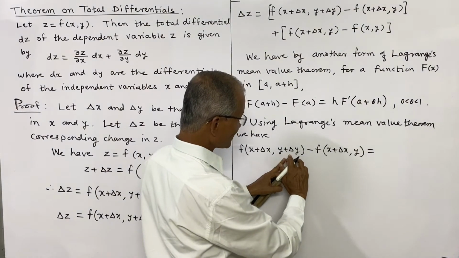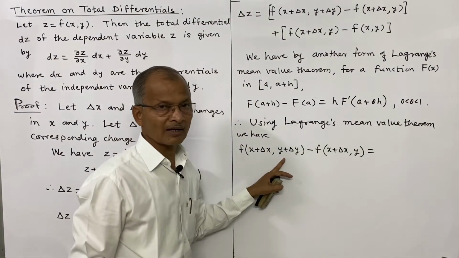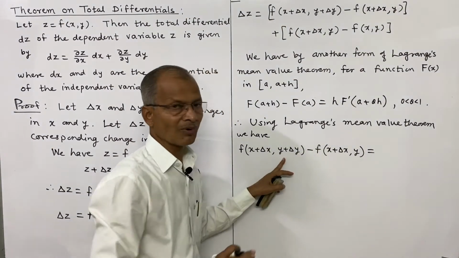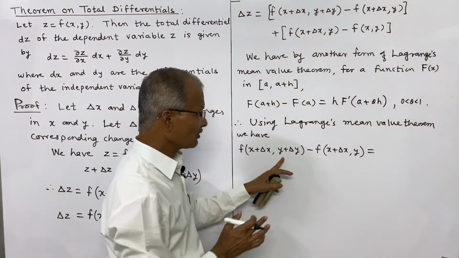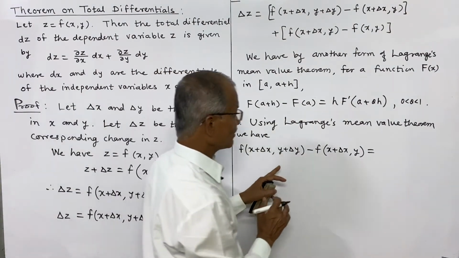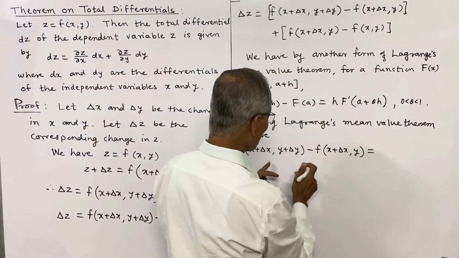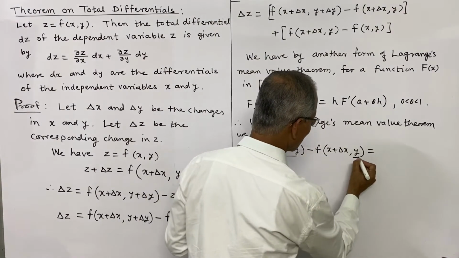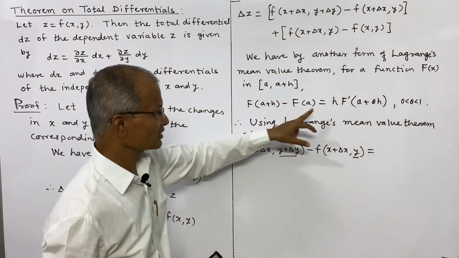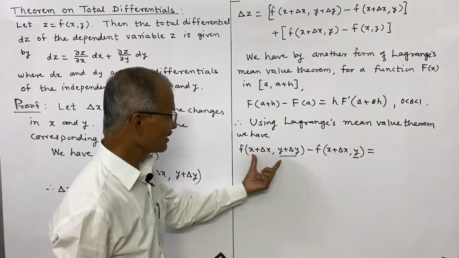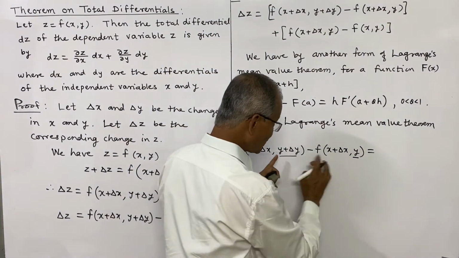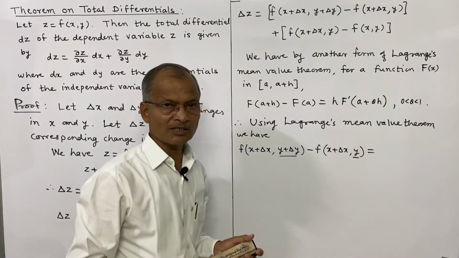So y plus delta y, and here is y, and that means the only changing variable is y and not x, and therefore this derivative should be with respect to y. And what is this quantity h? What is h here? See the difference in these values, a and a plus h. h is the difference, so we have written h. Here there is no change in this value, we don't consider it, and here there is a change in y value. So what is the change in y value?